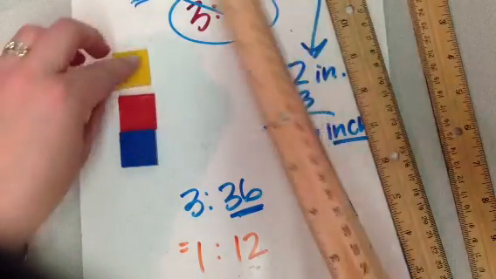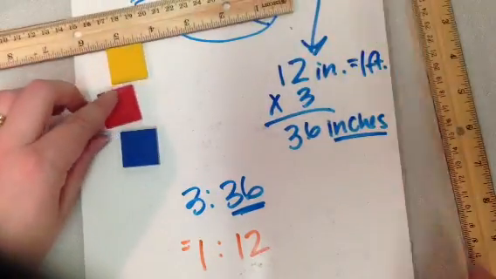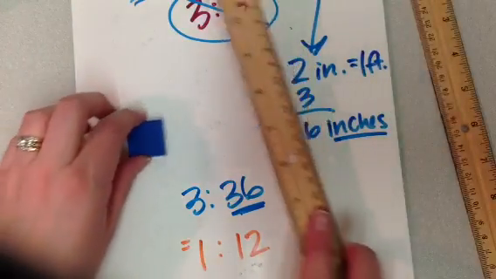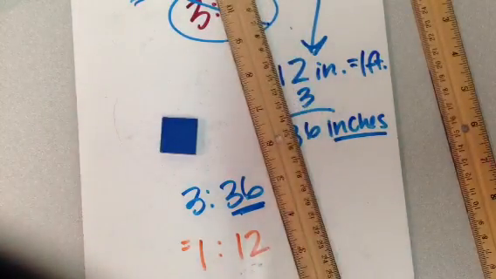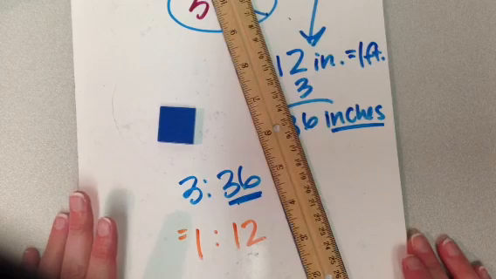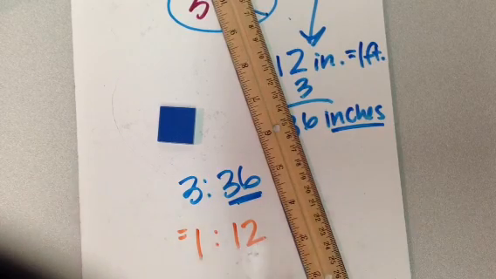So I could pair them off if I wanted to and say, here's my 1 inch to 12 inches, right? 1 inch to 12 inches. And I've written an accurate ratio. So hopefully this helps. We'll talk a little bit more about ratios and proportions in the next video.